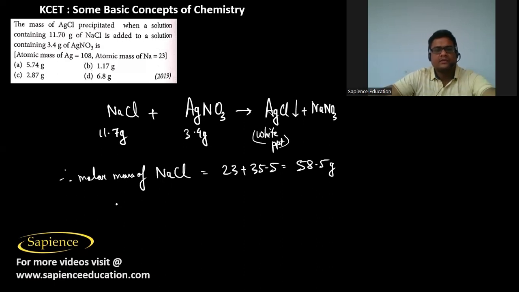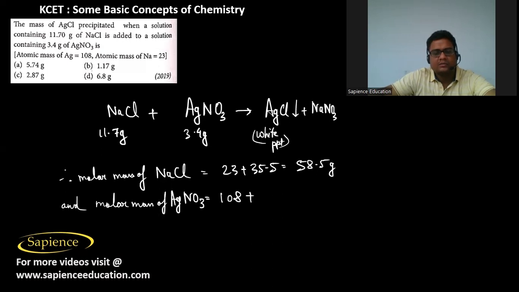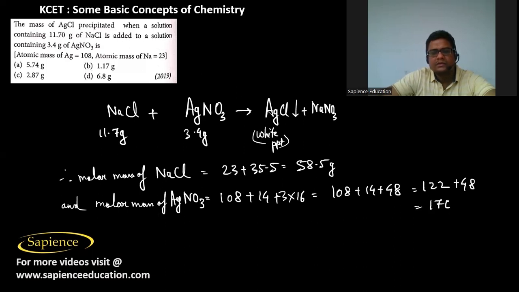And the molar mass of AgNO3, silver nitrate, is the atomic mass of silver, 108, plus nitrogen, 14, plus 3 into 16, that is 48. So that is 170 gram.